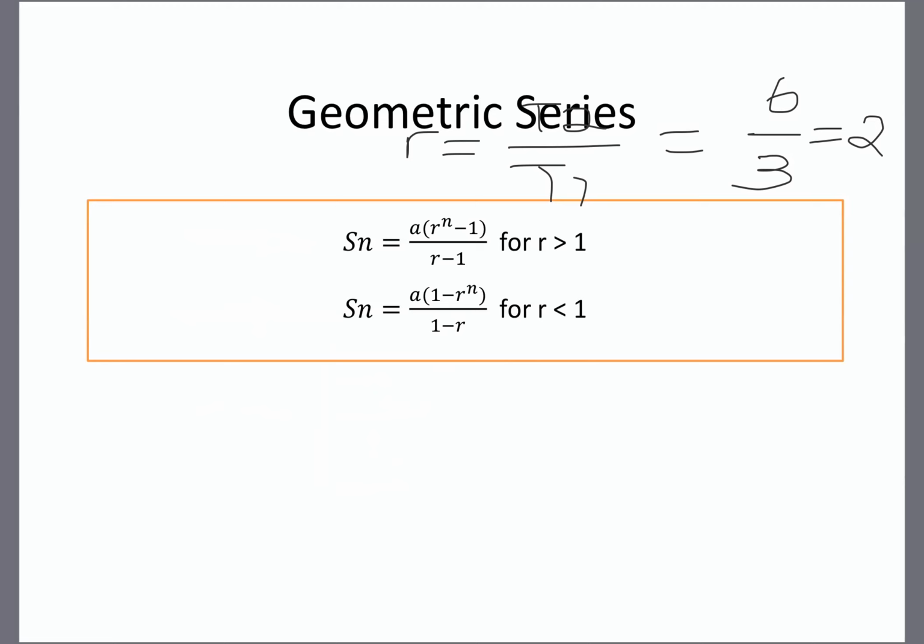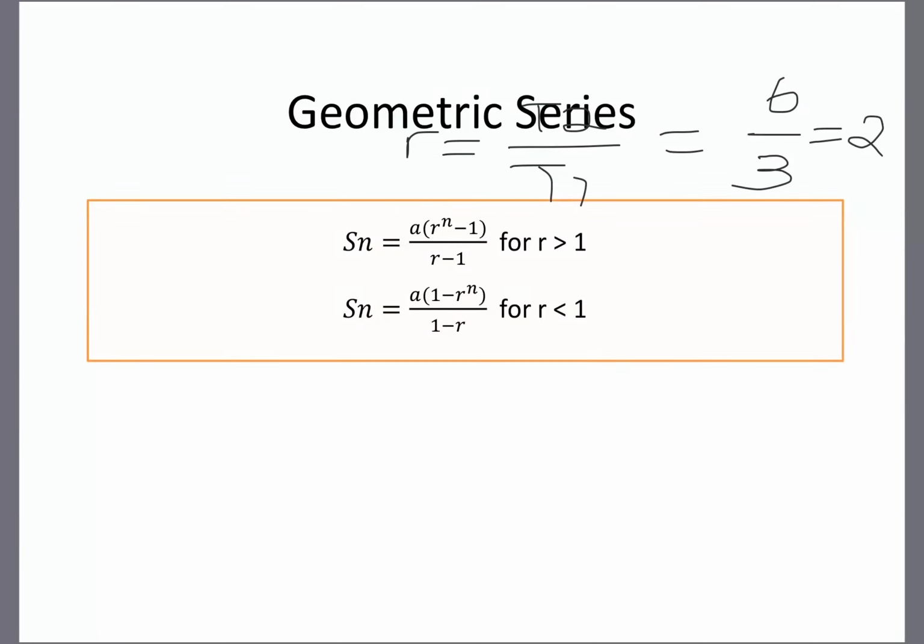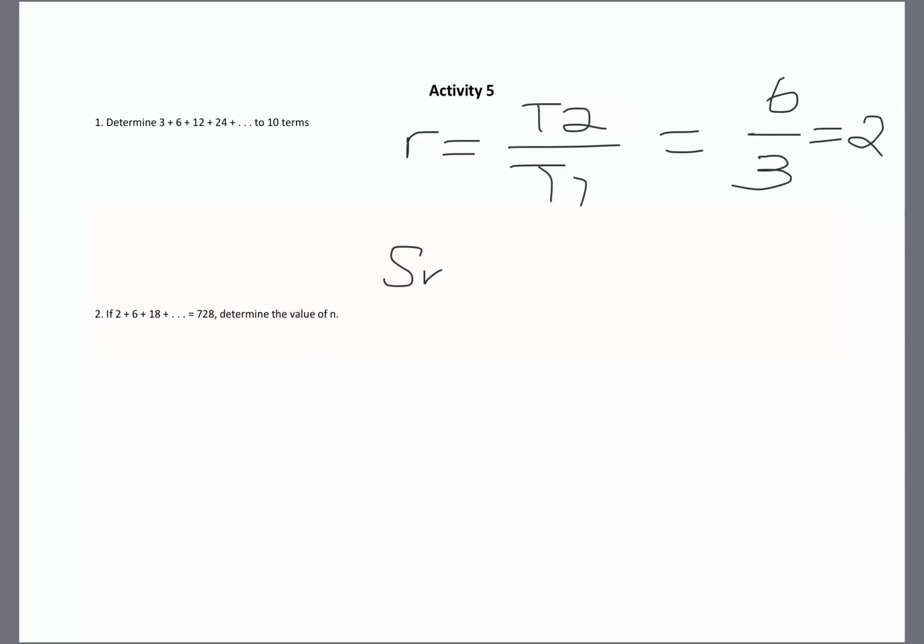The first one or the second one? The first one. So we're going to say that Sn is equal to A times R^n minus 1 over R minus 1, right?